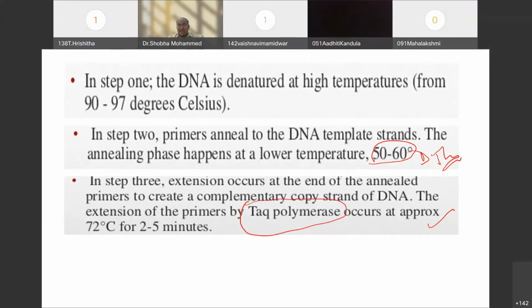This enzyme plays a very important role in the extension by addition of nucleotides, which occurs at approximately 72 degrees. Starting from 50 to 60, the primer comes and attaches. We call it the annealing process. At a temperature of 72 degrees, the Taq polymerase comes into action.